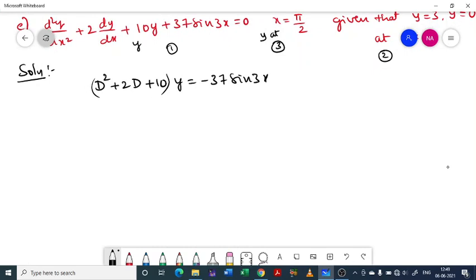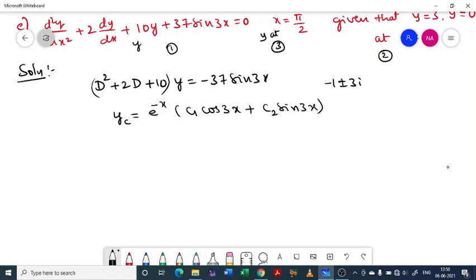So you have to find the complementary function. You can check that it will be e power minus x times c1 cos 3x plus c2 sin 3x. Actually we get roots to be minus 1 plus or minus 3i.